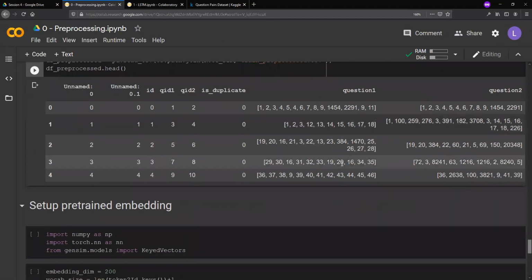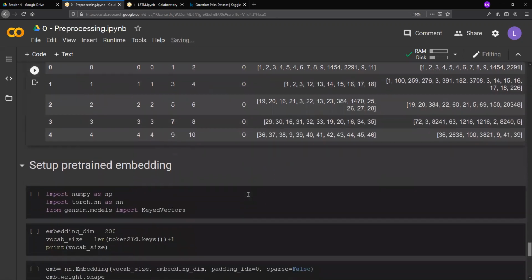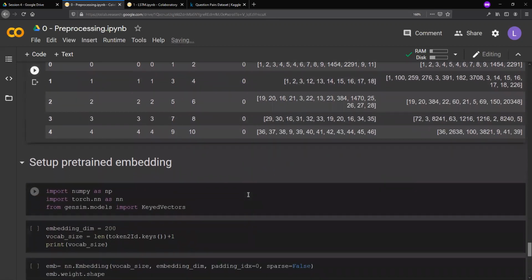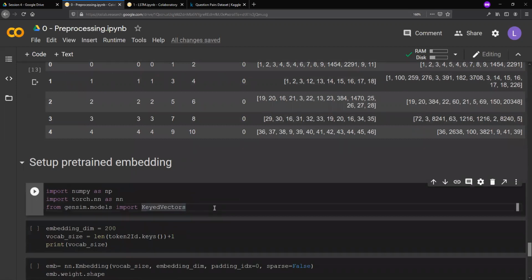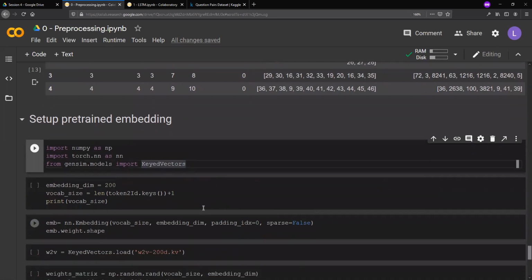Now, one thing we want to do in preparation for our network is generate the word embedding matrix for the embedding layer of our neural network. The way we do that is we use NumPy.